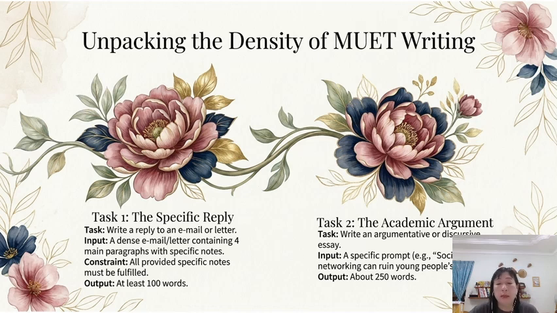Whereas in a discursive essay, students can present the pros and cons of both aspects and not take a stand. Usually a specific prompt is given for students to respond to. For example, social networking can ruin young people's life. For this task, students are required to write for about 250 words.